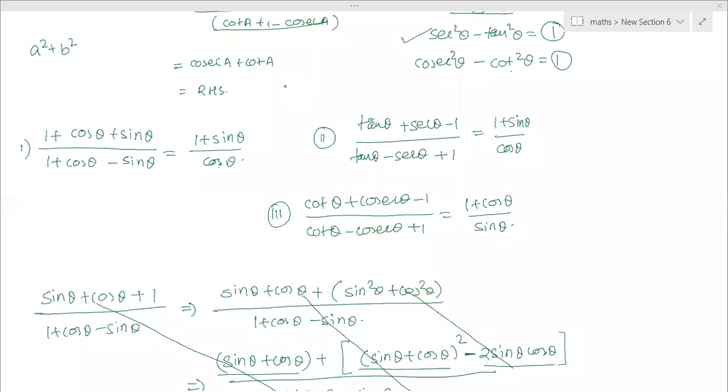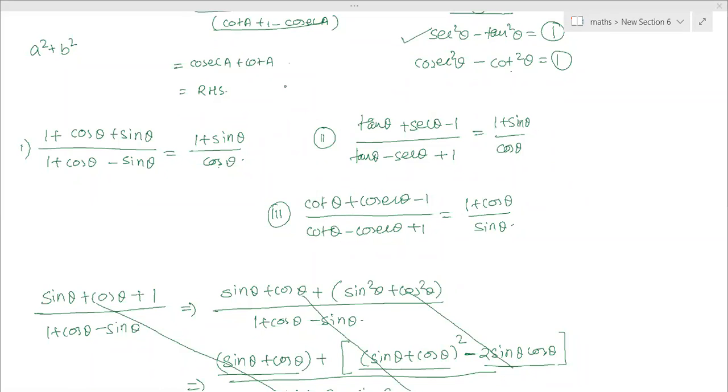Mom? Yes. Mom, in the third, I'm getting cot theta plus cosec theta minus cot theta plus cosec theta, mom. There is a minus 1. So when you take the common, change the sign. Why, mom? Check, the minus 1 is there, no minus sign. So when you are taking common, it is cot theta minus plus cosec theta.